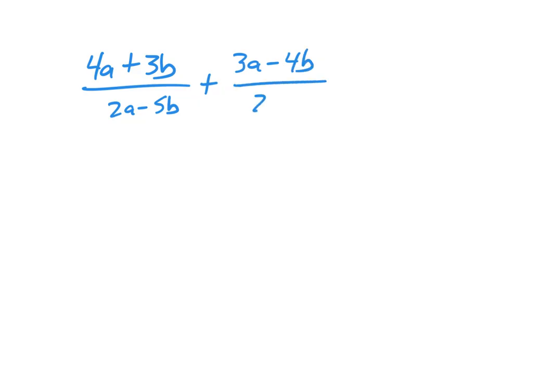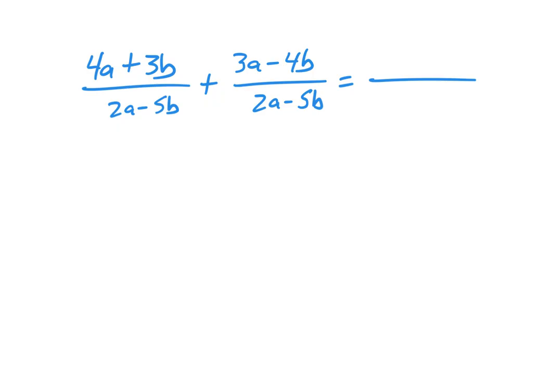The only thing different here is that we just have more stuff. Okay, what I typically like to do here is, as long as the denominator is the same, then we know that that denominator is not changing, right?